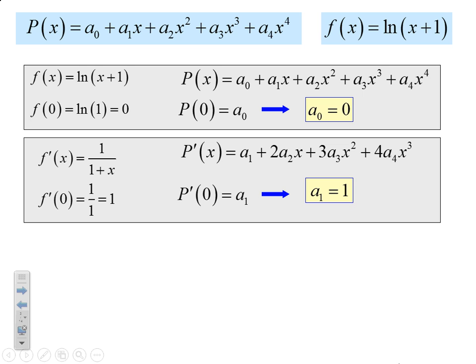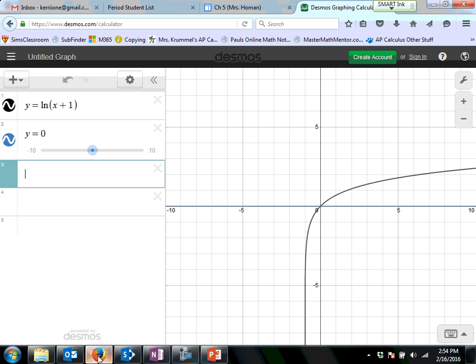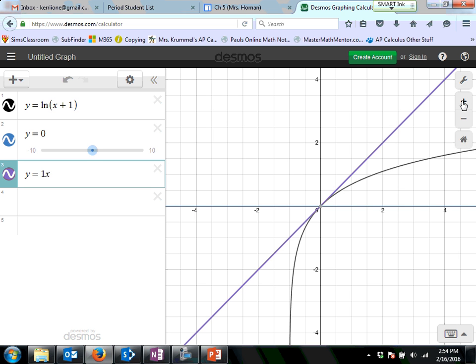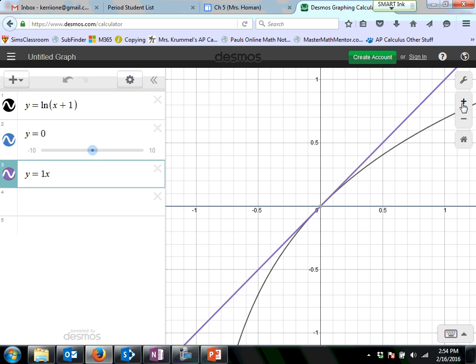So now we have y equals 1x. Better approximation, right?